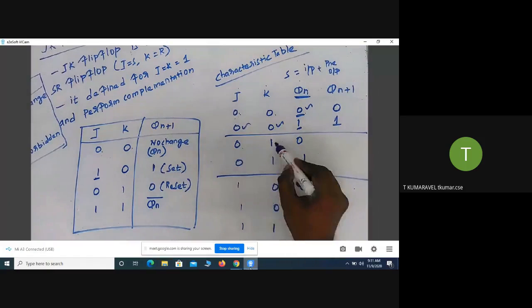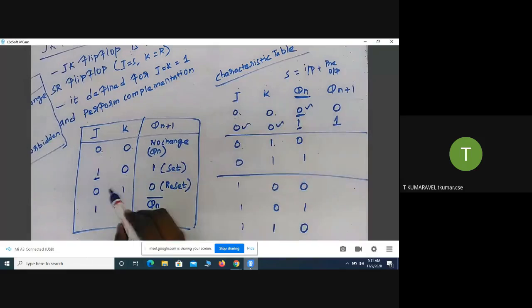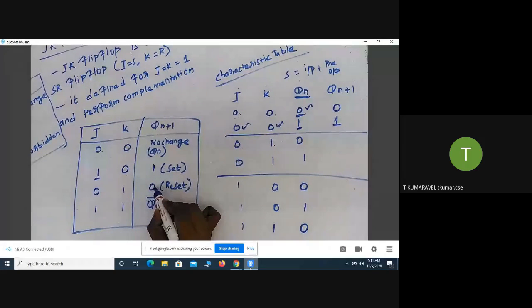0 1. Look at the table. With 0 1, the current state output is 0.